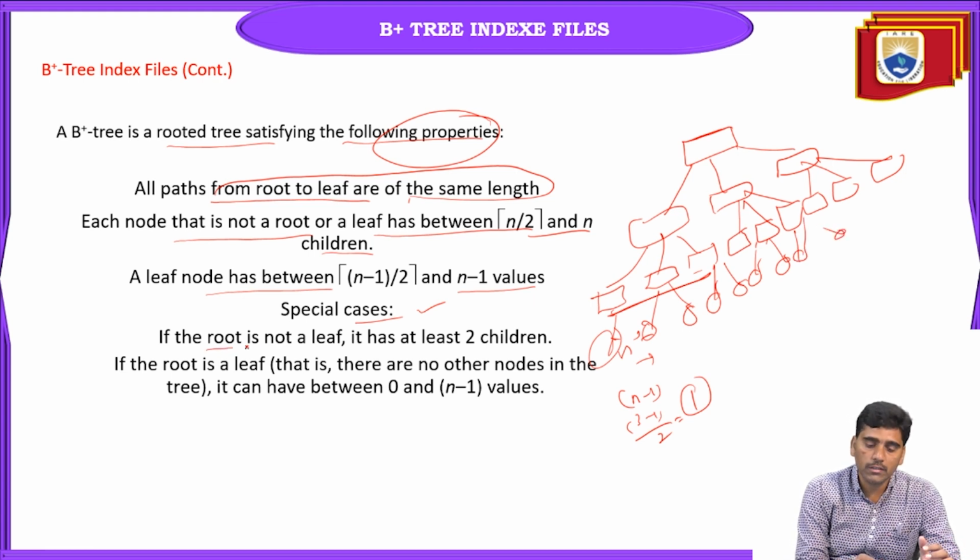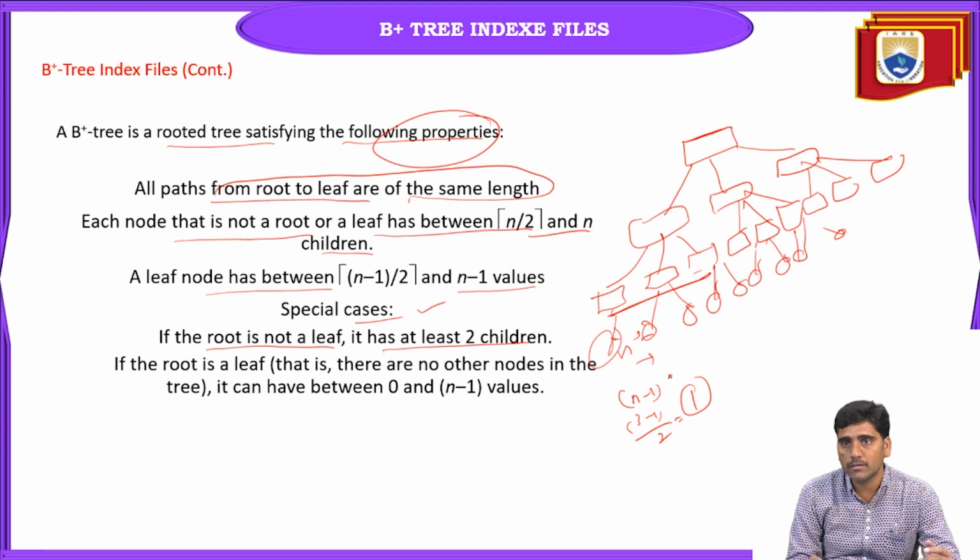If the root is not a leaf, then it has at least two children. If the root is a leaf, that is, there are no other nodes in the tree, then it can have between 0 and n-1 values.